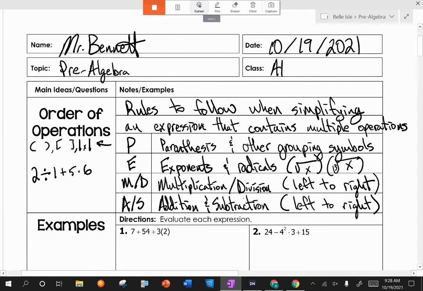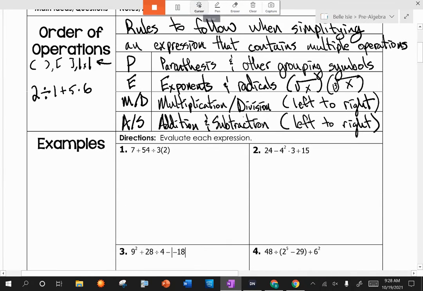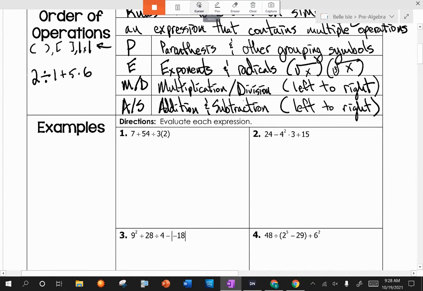Okay. So let's look down at number 1 and check ourselves and see how we did. So we've got 7 plus 54 divided by 3 times 2. Okay. So what's our first step? 54 divided by 3.